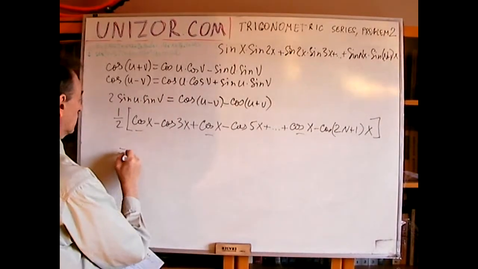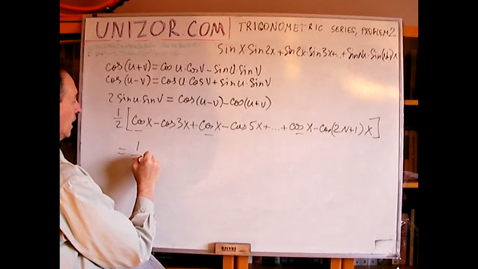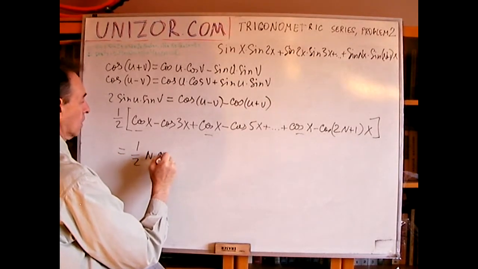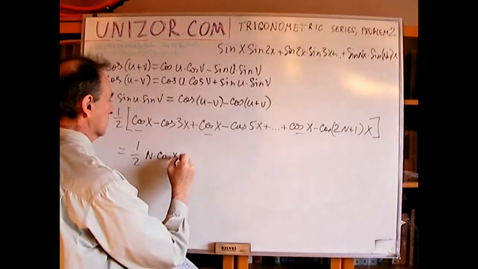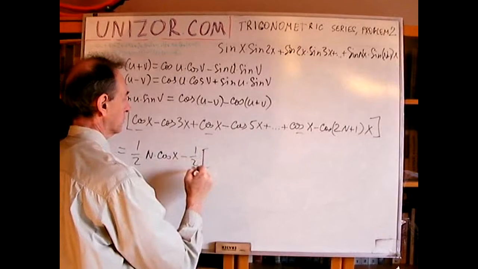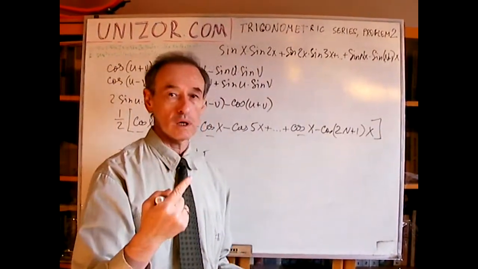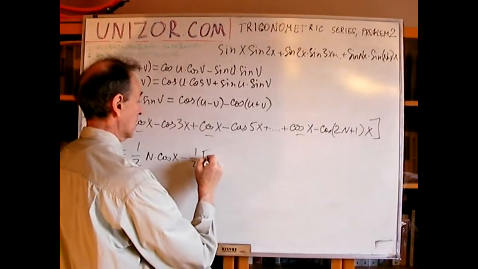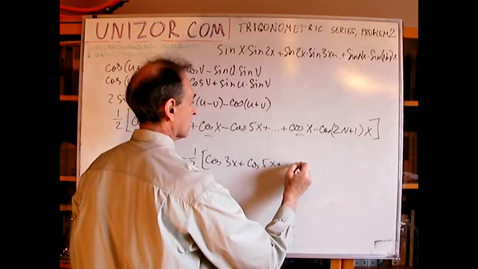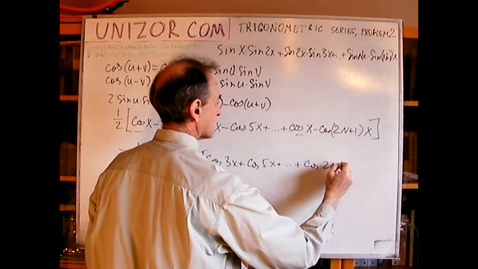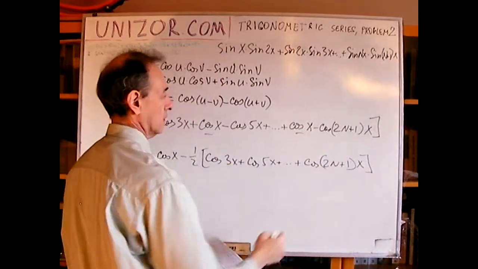So I can put immediately 1/2 n times cosine x minus 1/2 of 3x, 5x, etc. They are all odd numbers. So cosine 3x plus cosine 5x plus etc. plus cosine (2n plus 1)x. Also n numbers in this sequence.